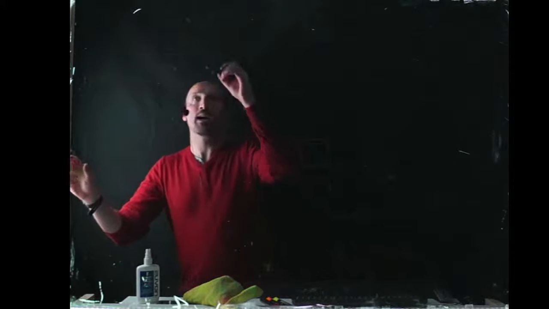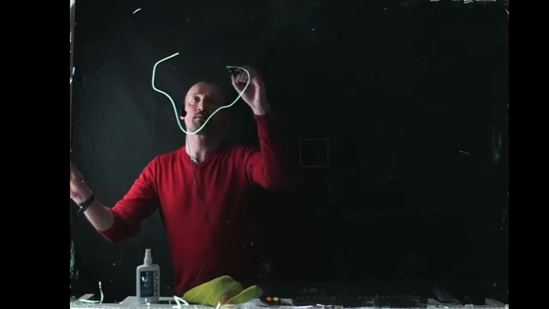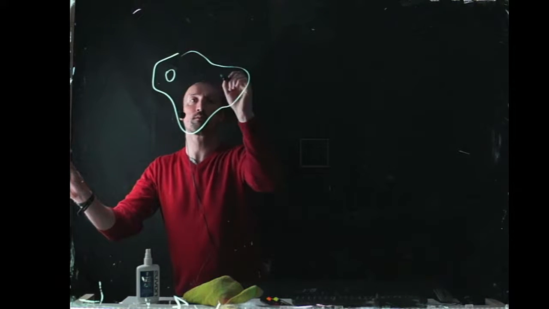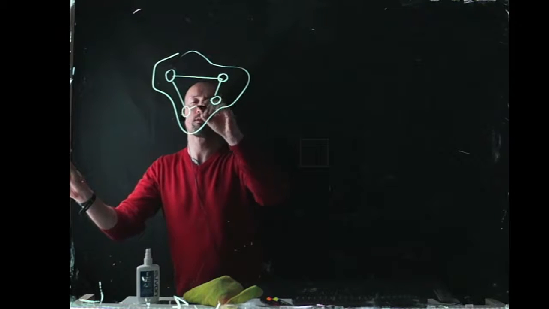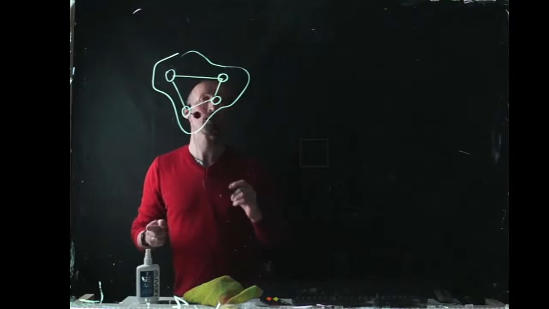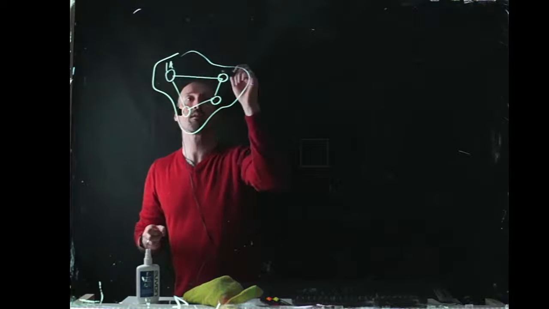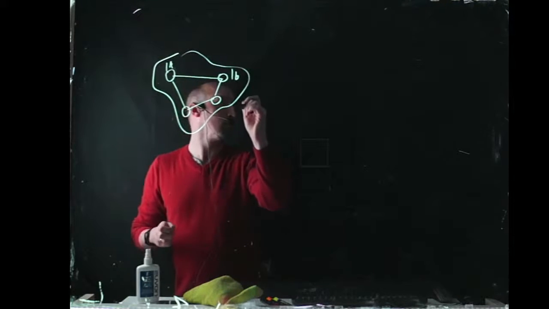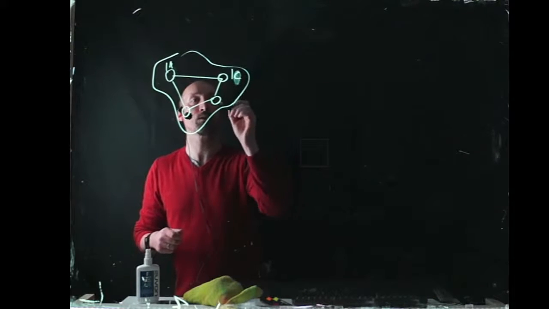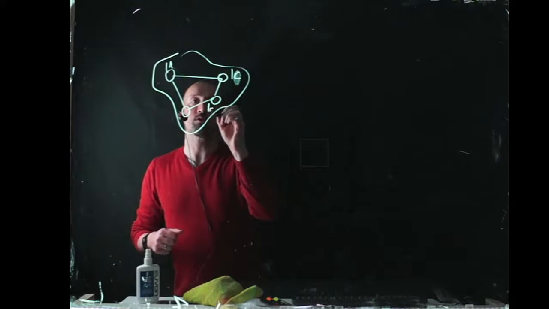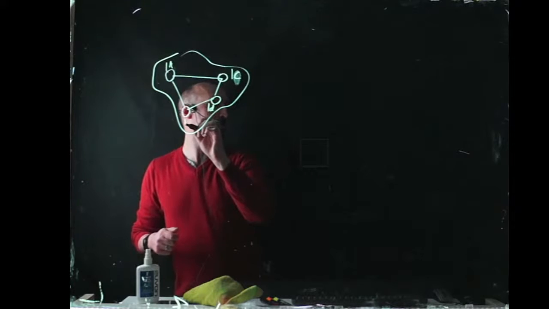I had a set of networks over here, or nodes. That was AS1: 1A, 1B, 1C, 1D.